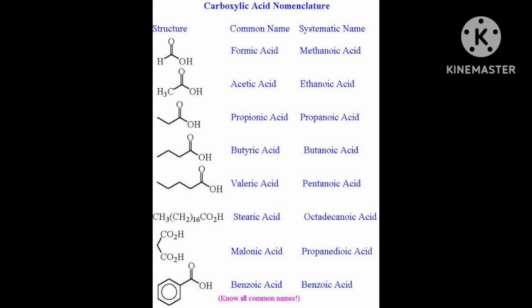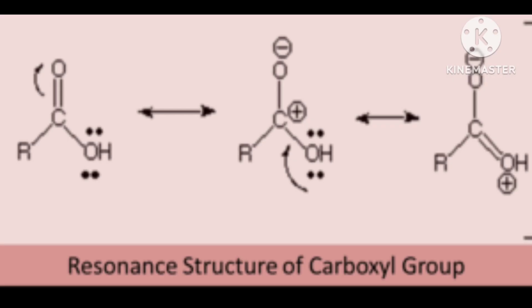Carbon was positive, correct? For making 1 bond, 2 electrons are required, and these 2 electrons are given by the oxygen lone pair. Because carbon was positive, its electron was taken by the first oxygen. That's why the single bond became a double bond. Correct? Now it is the third structure.